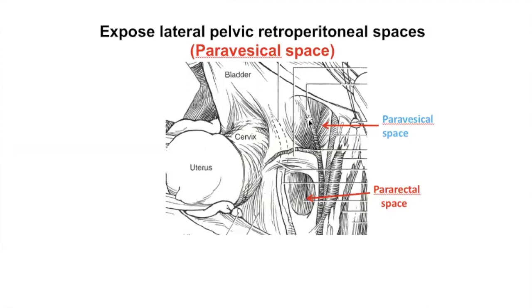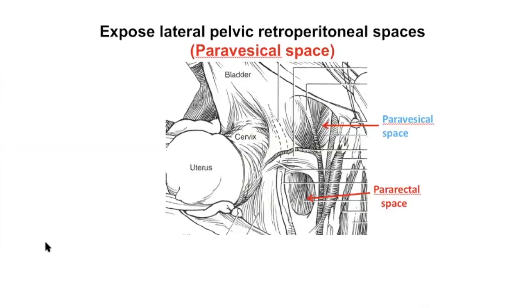So we use a clamp to grasp the obliterated umbilical artery. We pull it medially and we dissect down into the pelvis, headed towards the pelvic sidewall, anterior to the uterine artery.